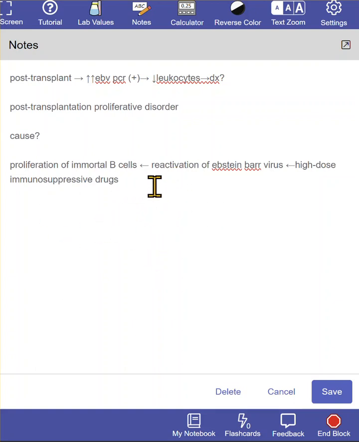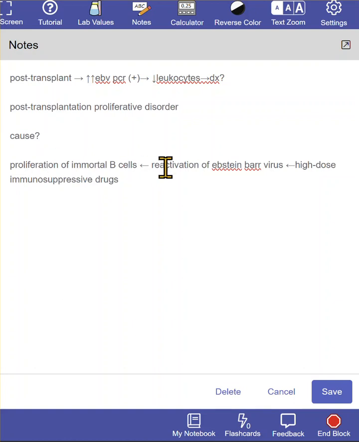Don't ask me why you get a proliferation of more B cells with the reactivation of Epstein-Barr virus, but I know that you get those deformations of B cells, so you should have suppression of cytotoxic T cells during transplantation, which leads to loss of immunosurveillance, unchecked viral replication, and then the immortalized lymphocytes or plasma cells become the problem.